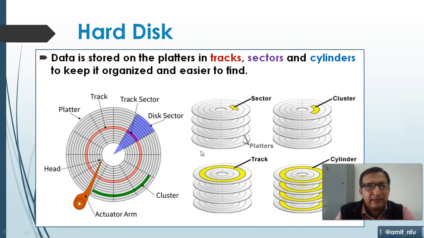Next we'll understand how data is actually stored on the hard disk. It is divided into tracks, sectors as well as cylinders to keep the data organized. The tracks on a hard disk platter are very similar to the tracks in a racing track, as in track and field events.